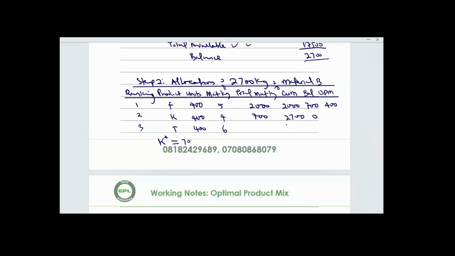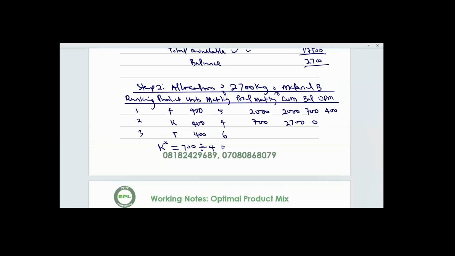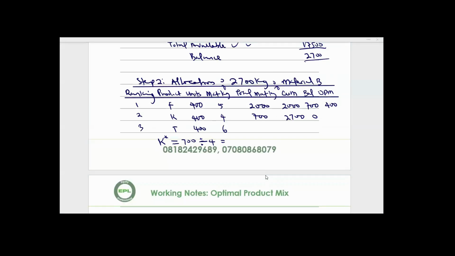That will be 700 divided by 4, which gives us 175 units. Here is 175. That's it.